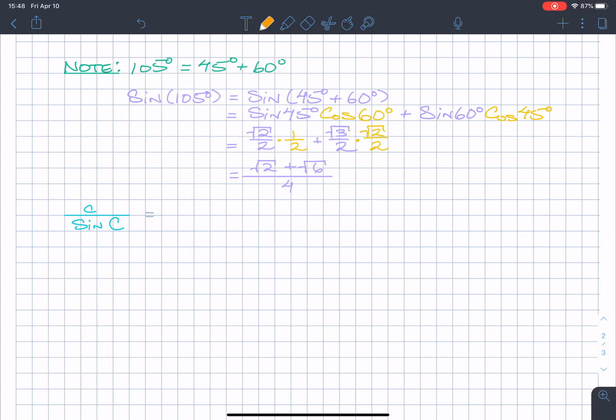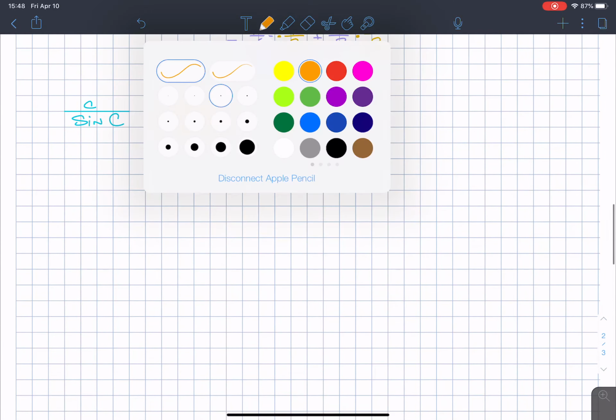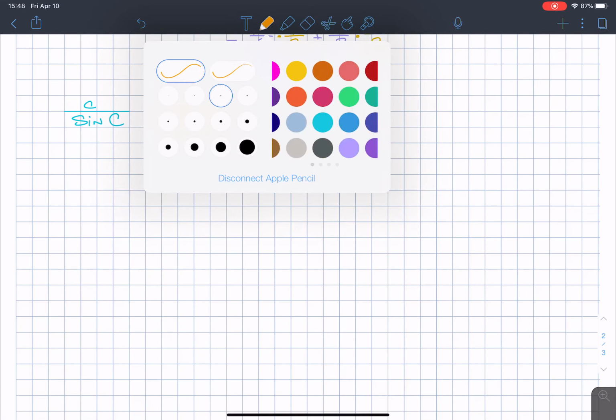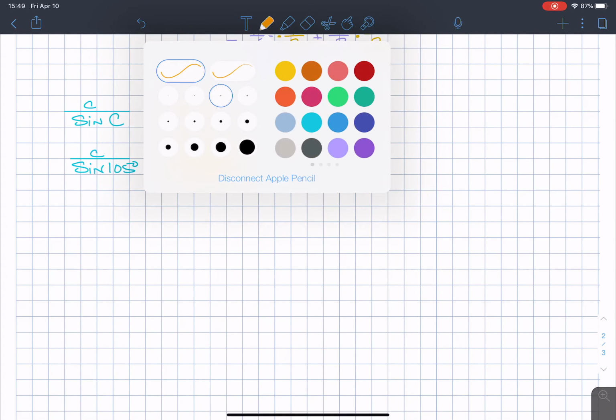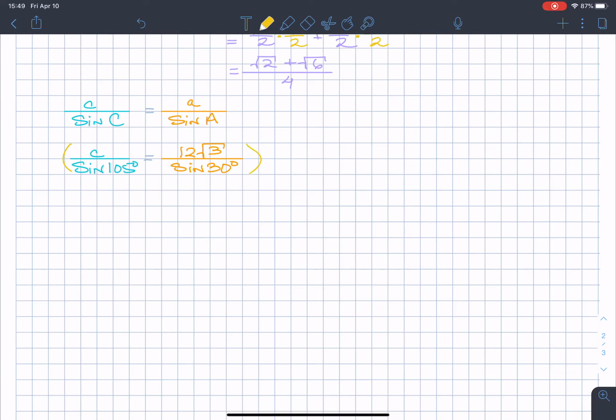So little side A divided by sine of angle A. So this will be little side C divided by sine of 105 degrees is equal to little side A, which was 12 root 3, divided by sine of angle A, which was 30 degrees.